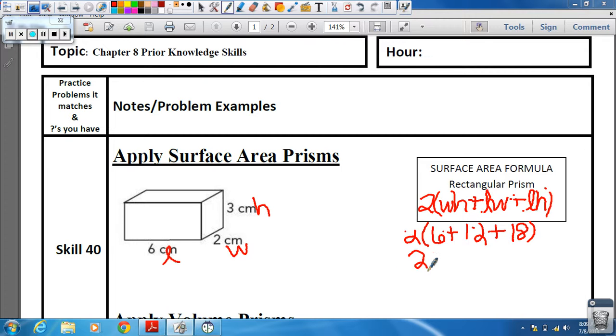So I end up with 2 times 36 for a surface area of 72. You have to remember anything with area is in square units. So my final answer with the correct label would be 72 square centimeters.